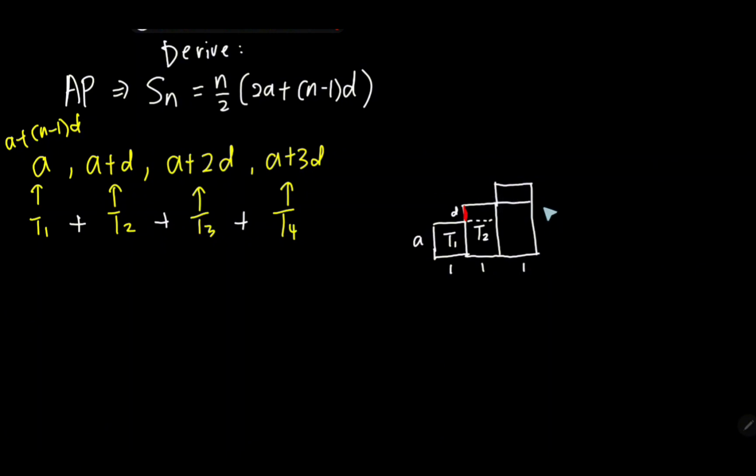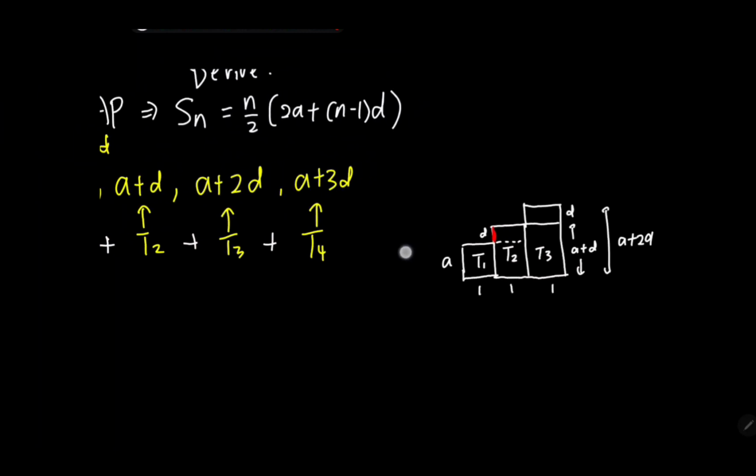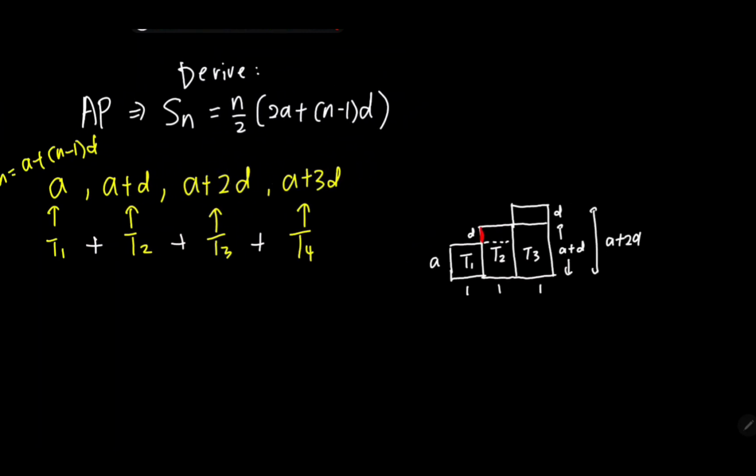Up to here, you can see this is a plus d, right? Now I add another d. So the total height should be a plus 2d, isn't it? So it's a plus 2d multiplied by 1. My T3 is a plus 2d. So this is my third term. I just use three terms first.